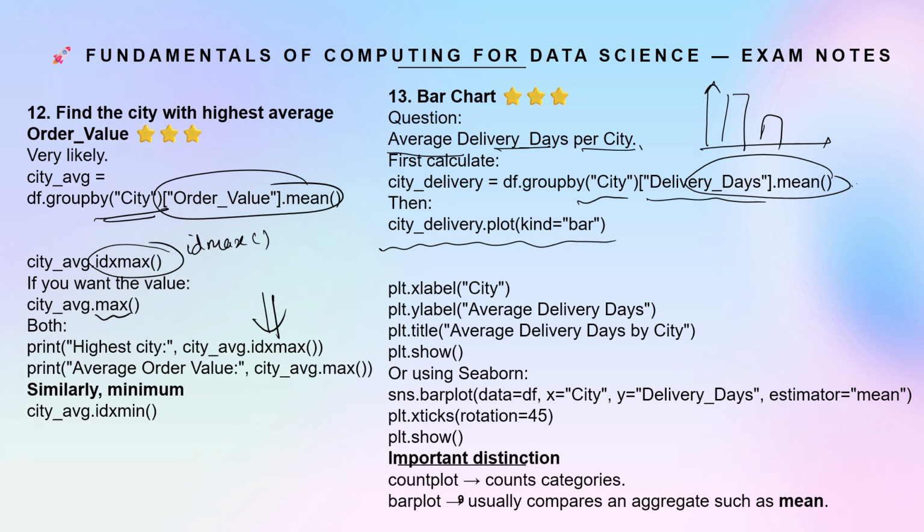Or using seaborn you can write sns.barplot with data is equal to df, x is equal to city, y, and estimator is equal to mean. Now count plot is basically used for categories, whereas bar plot is used to compare aggregates such as mean. This is a really important differentiation between both of them.